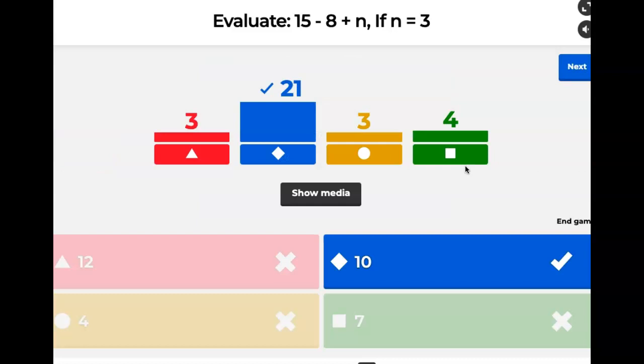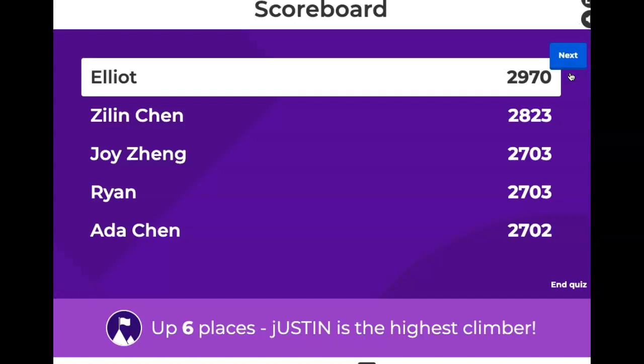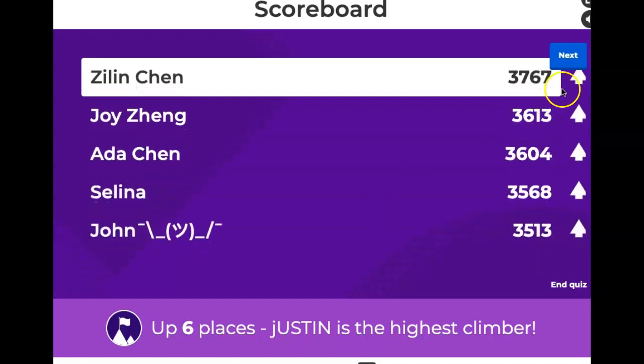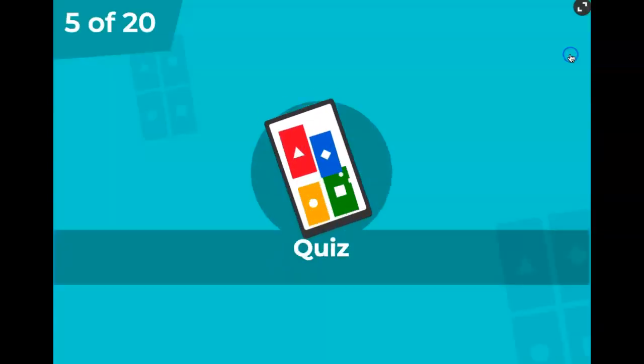Wow, you guys say 12 in the chat, say 7. You're so funny. You do order of operations. I sabotage other players. This game is competitive. So, okay, it's supposed to be from left to right. So 15 minus 8 is 7, plus the n, which is 3. That gives you 10. So please don't be fooled by the answers in the chat. Next question. And Zillan is up.